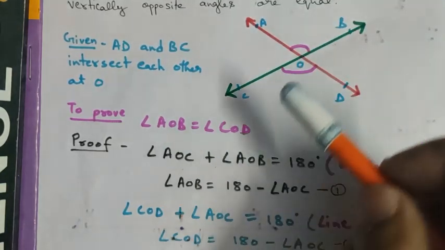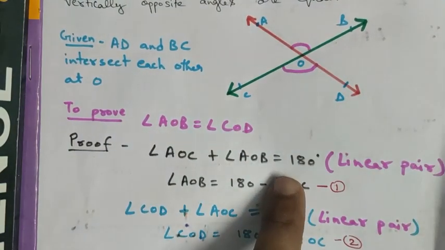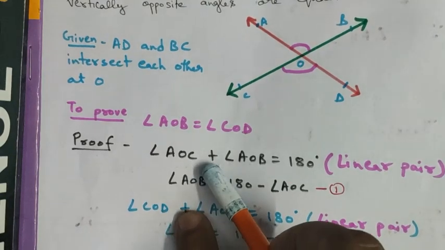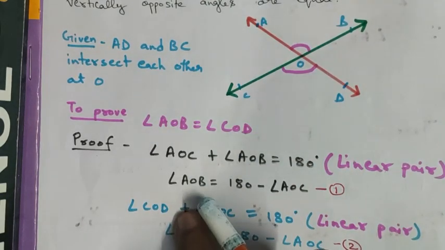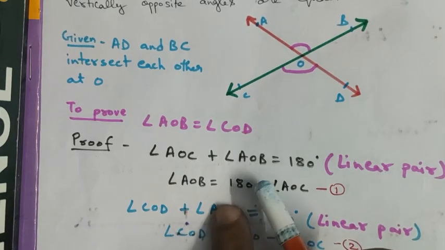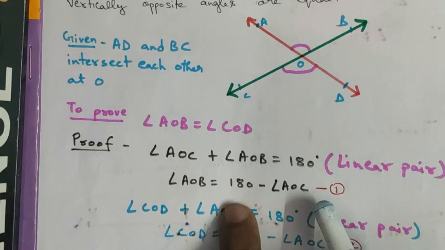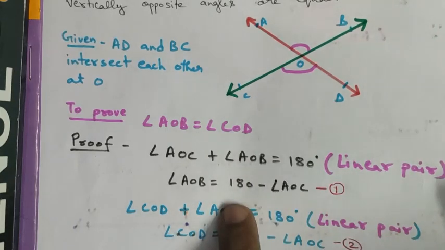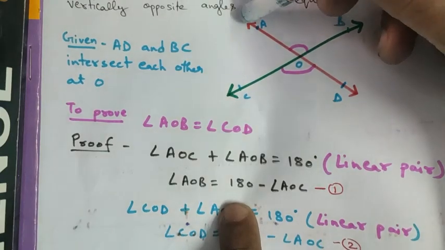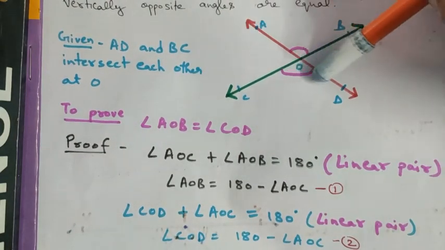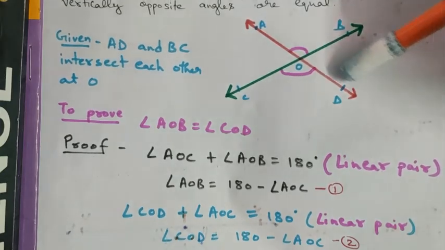So if AOC plus AOB is equal to 180 degrees, transposing AOC from LHS to RHS, we get angle AOB equals 180 minus angle AOC. Got it? This is equation number 1. Similarly, the line AD is also a straight line.